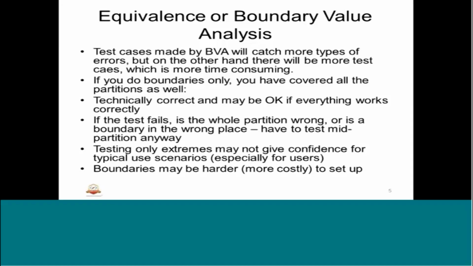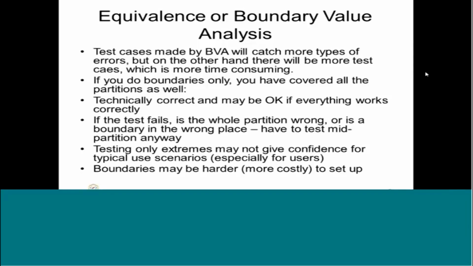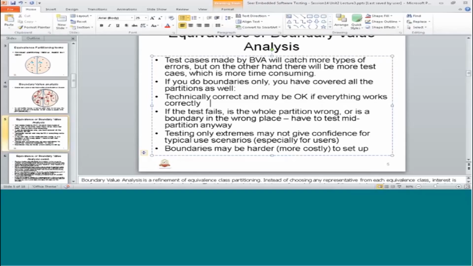So the programmer or the implementer would have implemented the boundary values as boundary conditions such as less than, greater than, equal to, etc. Let's say RPM is 6000 to 7200, definitely he has considered the lowest value as well as the highest value while implementing the code.